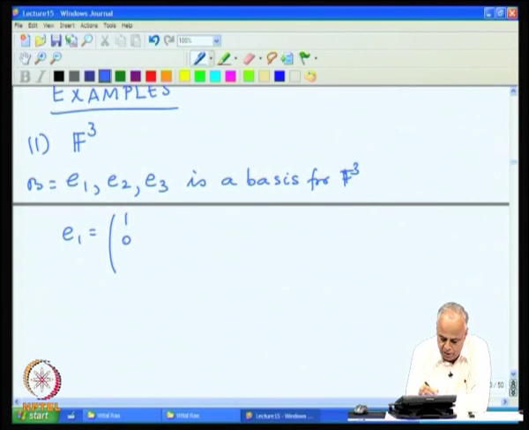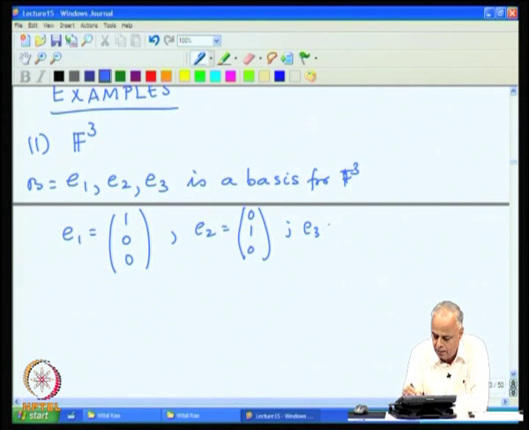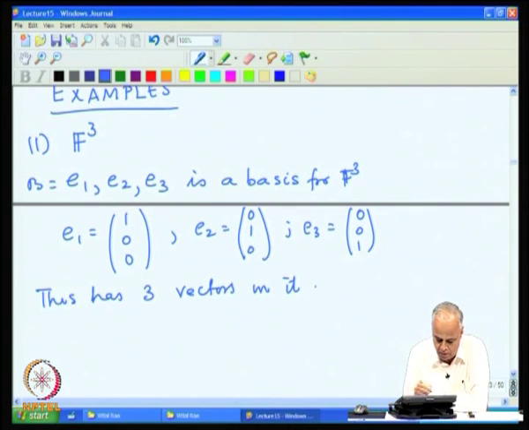Recall, E1 is this vector, E2 has the second entry as 1, all others as 0, and E3 has the third entry 1, all others as 0. This we have seen is a basis for F3, and this has 3 vectors in it. Hence, dimension of F3 is 3.